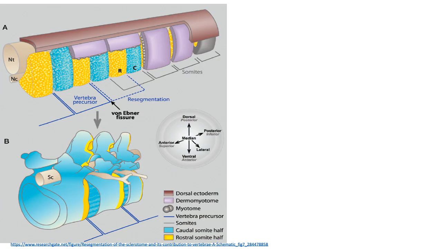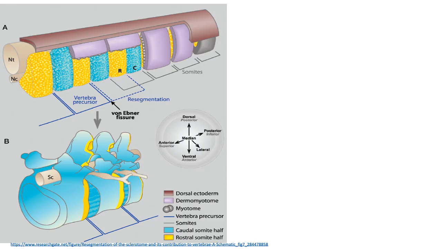So here we're still going to explain the resegmentation of that structure. You can see in this diagram we have somites on the lateral aspect. NT is the neural tube and NC is the notochord, in diagram A. You can see the yellow and blue.